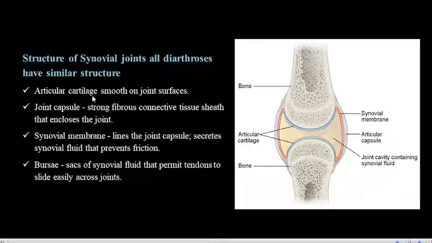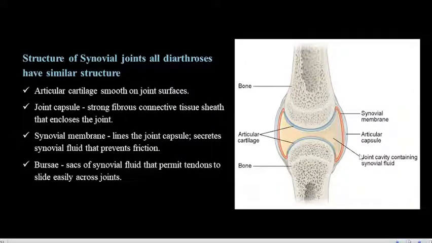articular cartilage, meron siyang articular cartilage in between the two bones para kapag nag-meet silang dalawa or nag-crash sila, magiging smooth lang, no? For example, nag-crash yung upper bone sa lower bone, merong balot. So, magiging smooth lang yung kanilang meat. Okay? Another one is the joint capsule.